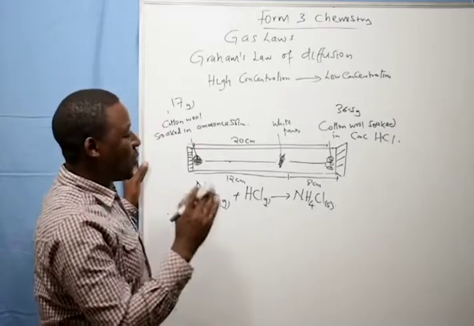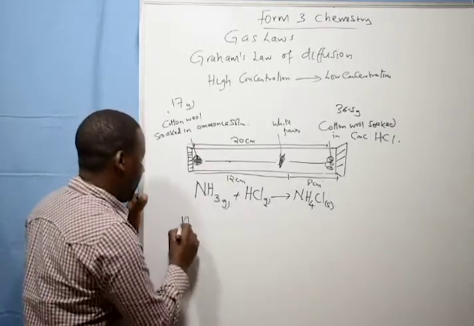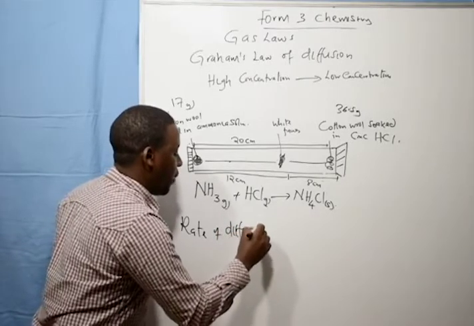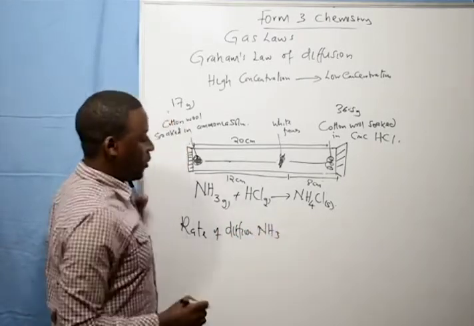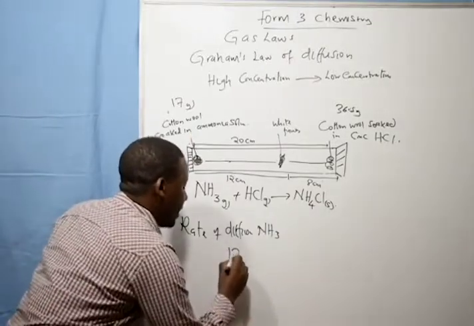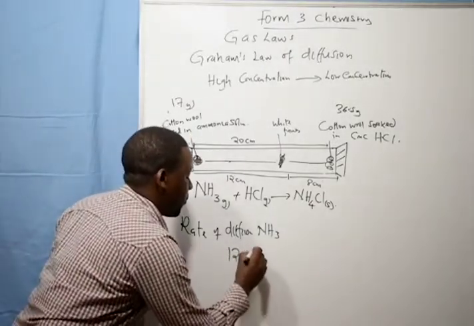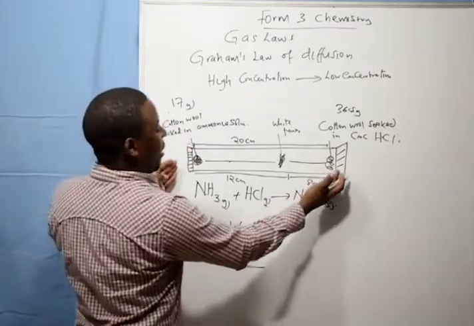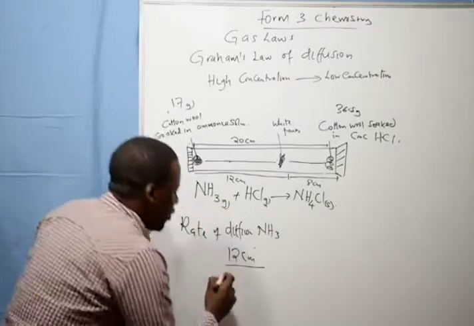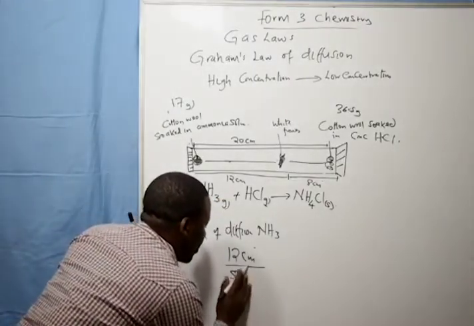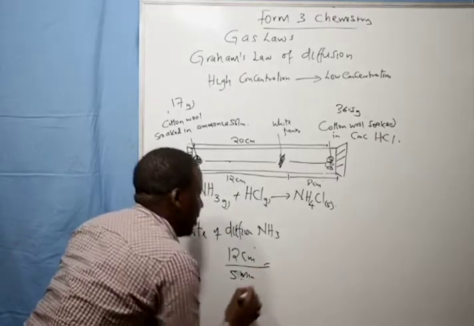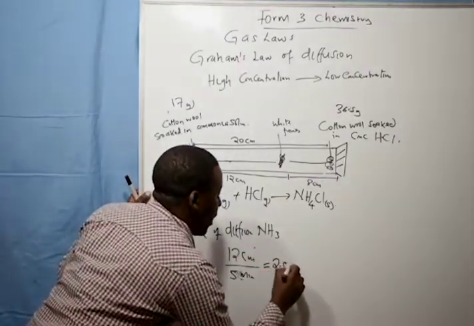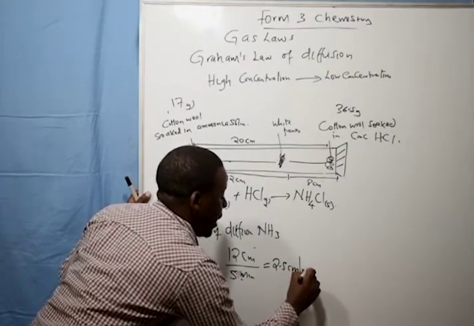Now, if you look at the rate of diffusion of ammonia, you get it by taking the distance diffused, divided by the time taken. The two gases met after 5 minutes. So divide by 5 minutes, and you can see the rate of diffusion of ammonia is 2.5 centimeters per minute.